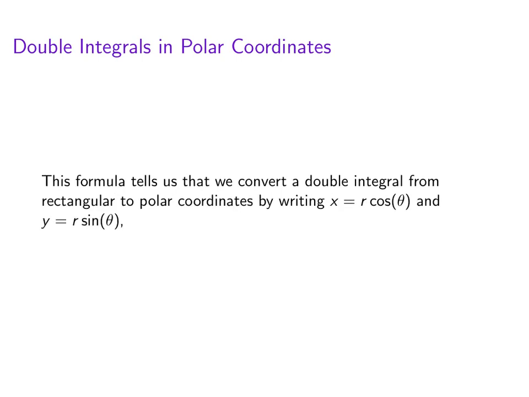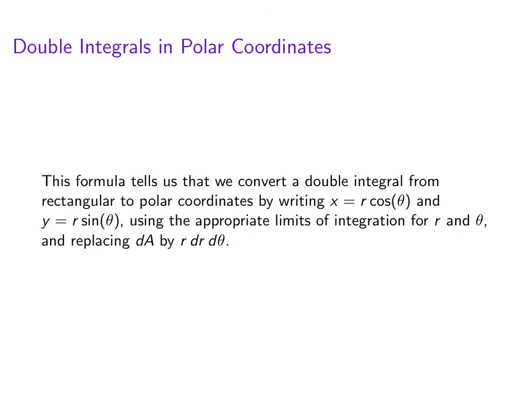So that tells us how to convert a double integral from rectangular to polar coordinates. We have to use x equals r cosine theta, y equals r sine theta. We use the appropriate limits of integration for r and theta. This is, of course, assuming that we're dealing with a polar rectangle. And we'll replace dA by r dr d theta. It's very important to not forget about this r that's in the formula.